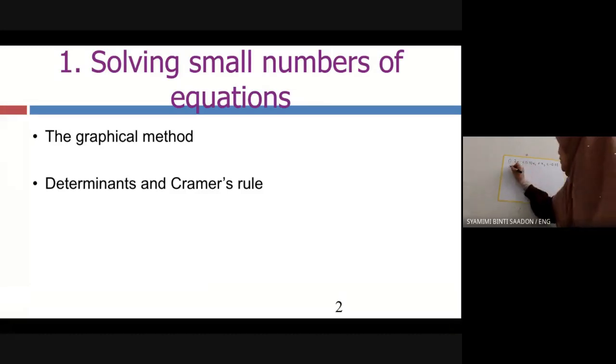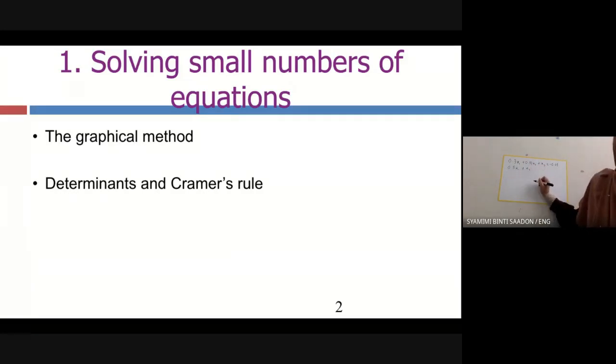Okay, the second linear equation: 0.5 x1 plus x2 plus 1.9 x3 equals 0.67. Okay? 0.5 x1 plus x2 plus 1.9 x3 equals 0.67.